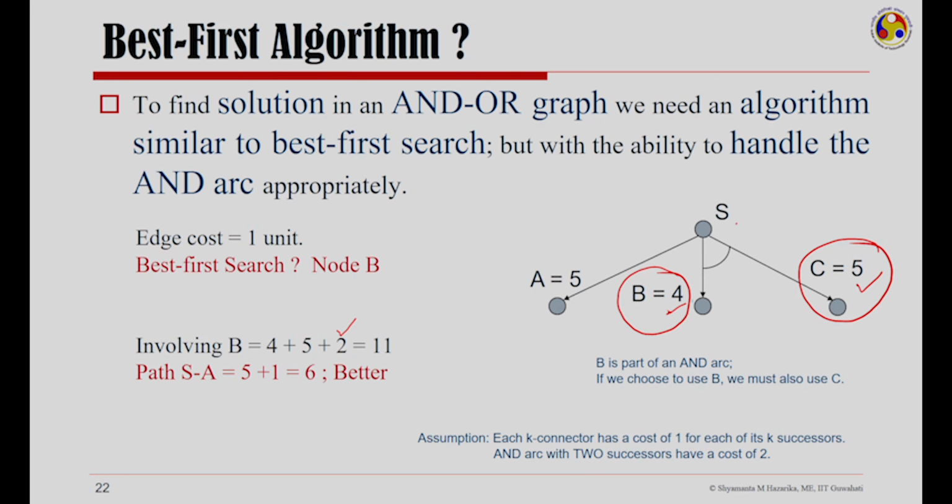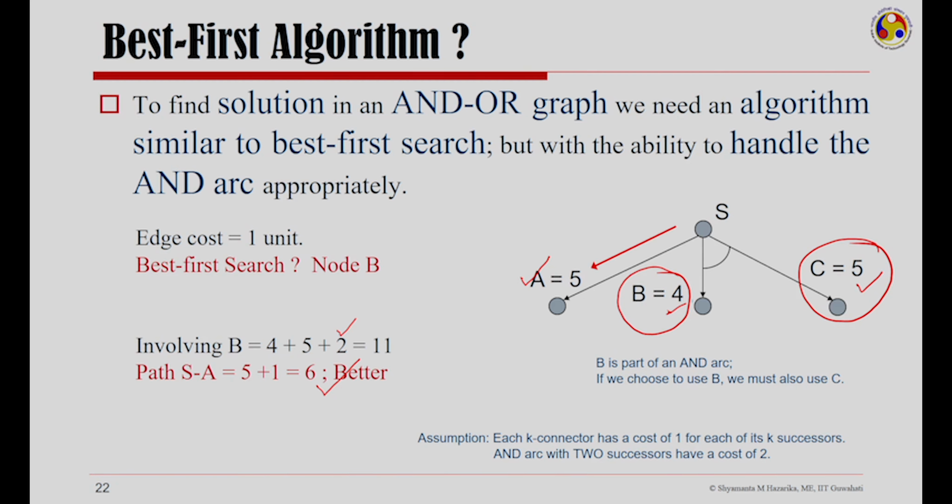So, I would be having an estimate of 11 on this path. Whereas, the other path from S to A, all I spend is 5 units that takes me to the solution from A and 1 unit because of the edge. So, I have 5 plus 1 which is 6, and this is definitely better. So, actually I must traverse this path.